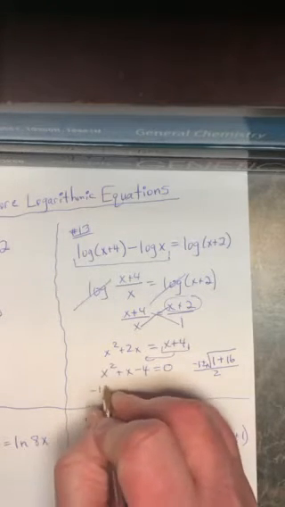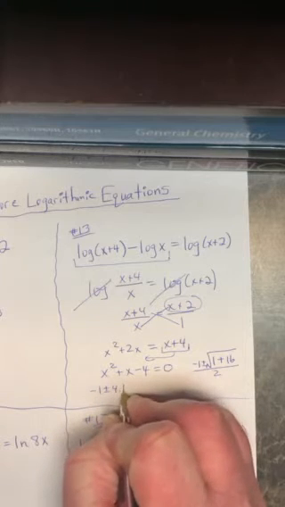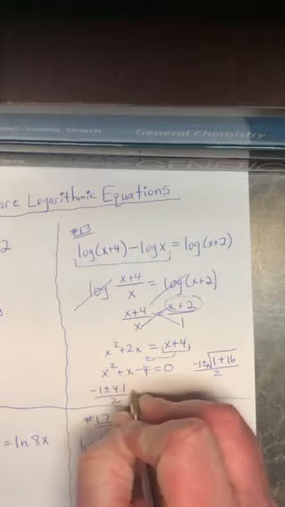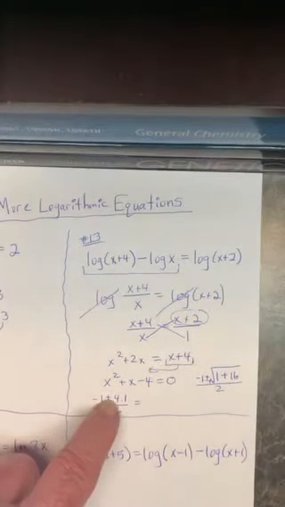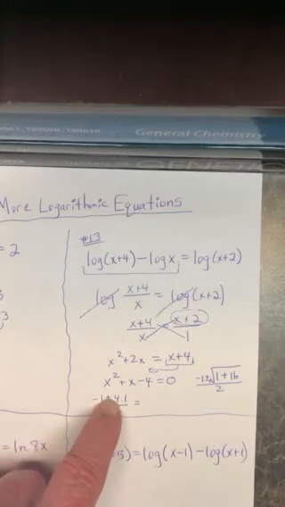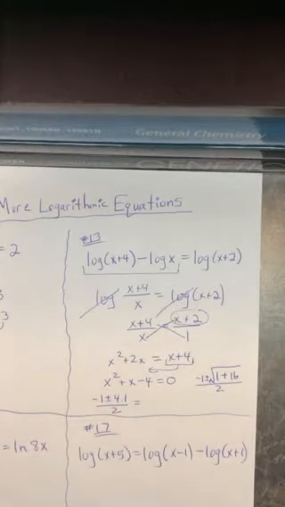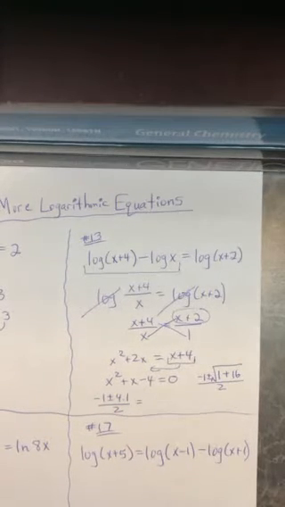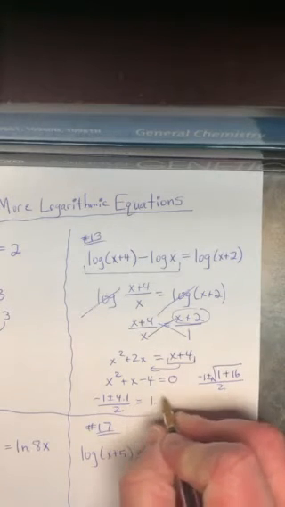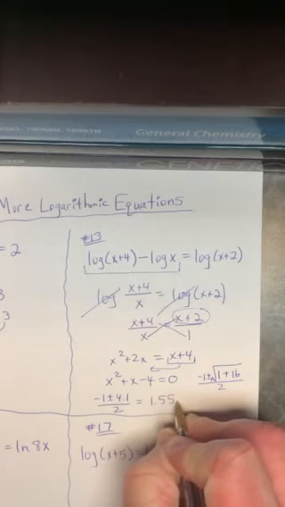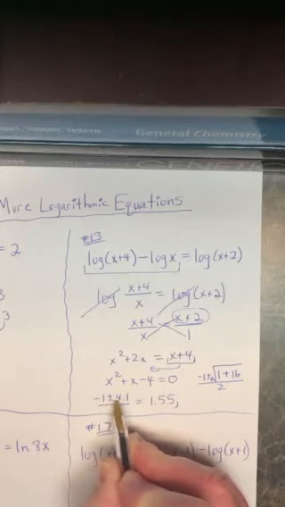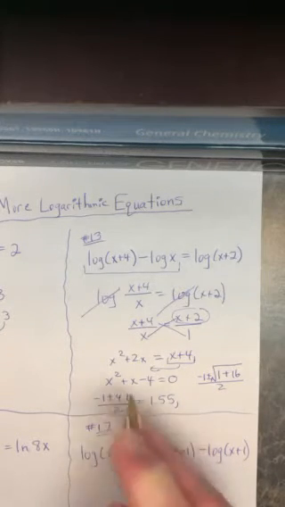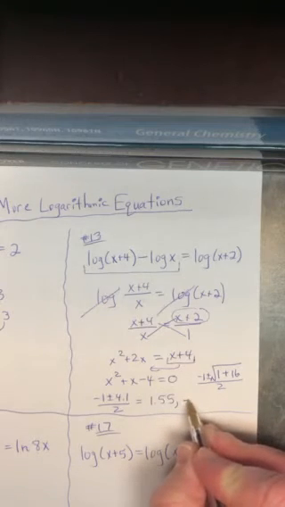So I've got negative 1 plus or minus 4.1 all over 2, giving me 2 answers. Now, negative 1 plus 4.1 would be what? 3.1 divided by 2. So I'm going to divide that on my calculator. 3.1 divided by 2, 1.55.